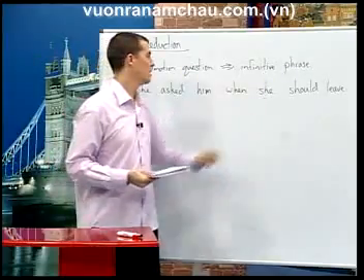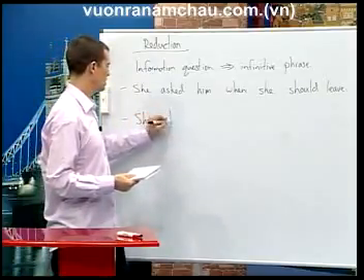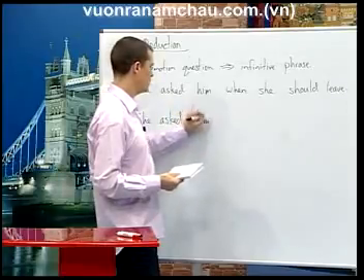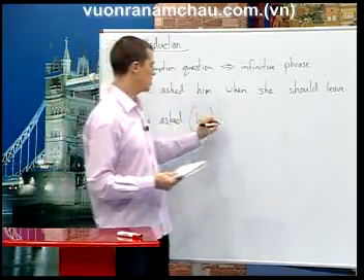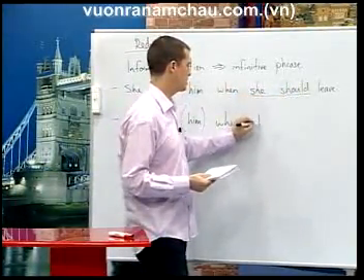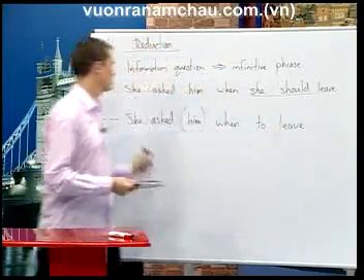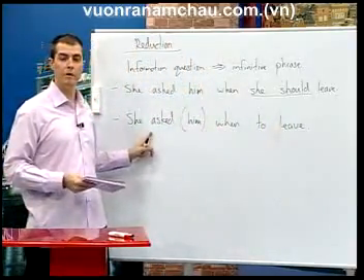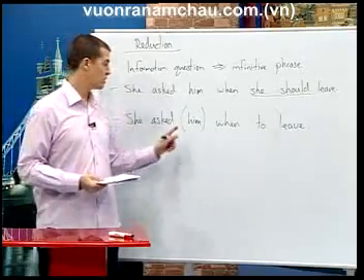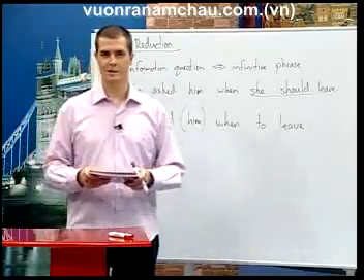It's the same person. Okay, when we do this, we can take this down to: she asked. We don't need him, so we can say she asked when, and this part becomes to leave. She asked when to leave, or she asked him when to leave. We can use this or we cannot use this. Right, let's practice this now.